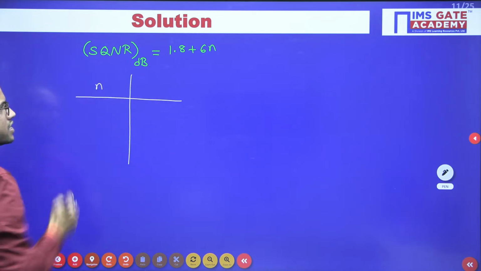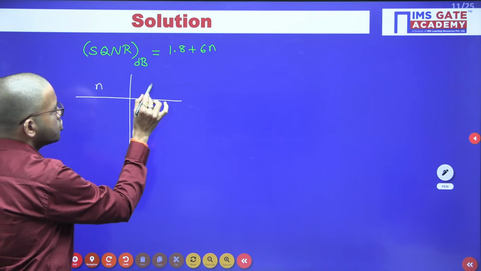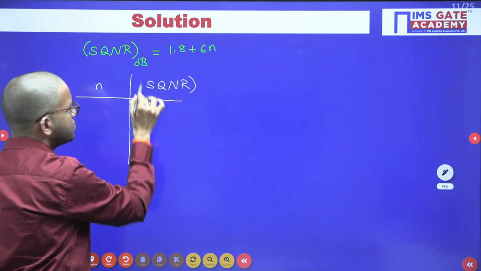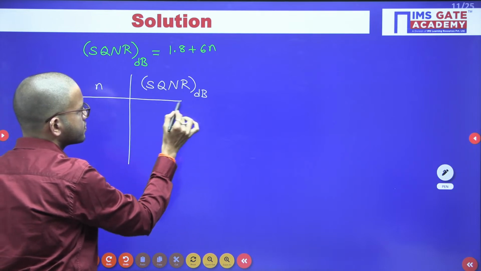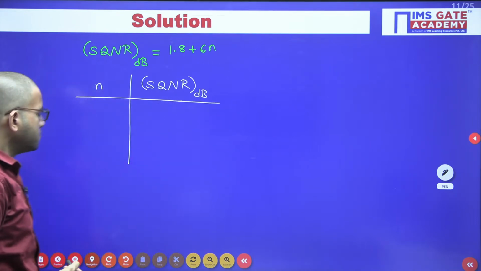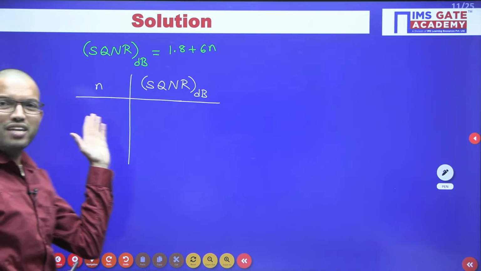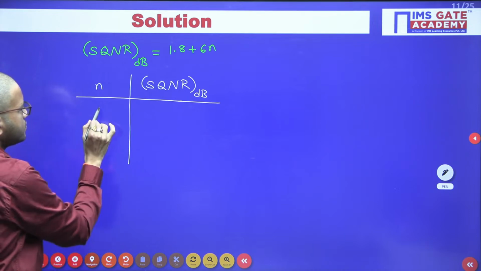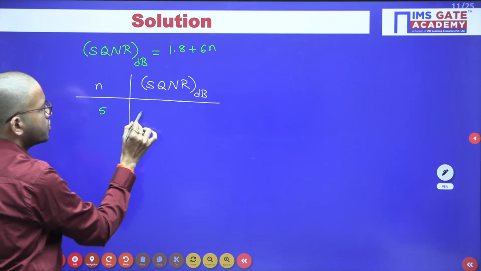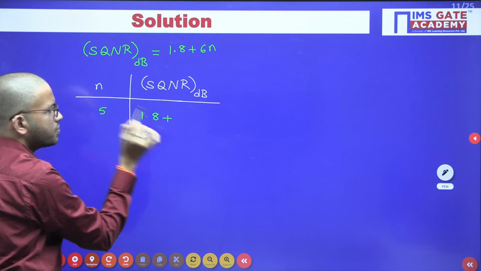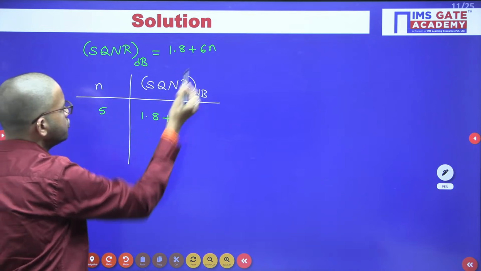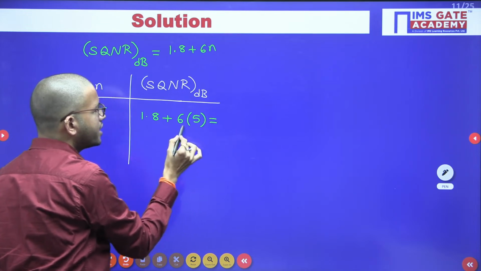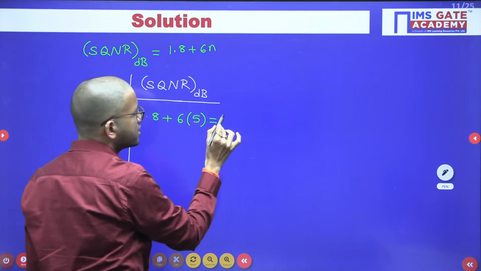Here I am considering n and here SQNR in dB. You can start from n value 1, 2 like that, but for timing I am considering n value 5. Here 1.8 is constant, we can keep it as it is. 6 into 5, so 6 fives are 30, plus 1.8, that is nothing but 31.8.